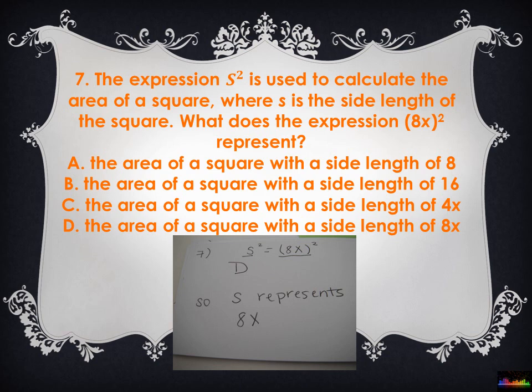So our answer to this problem has to be D. It is not 8 because 8x is what is being squared. That is represented by the parentheses being around 8x.